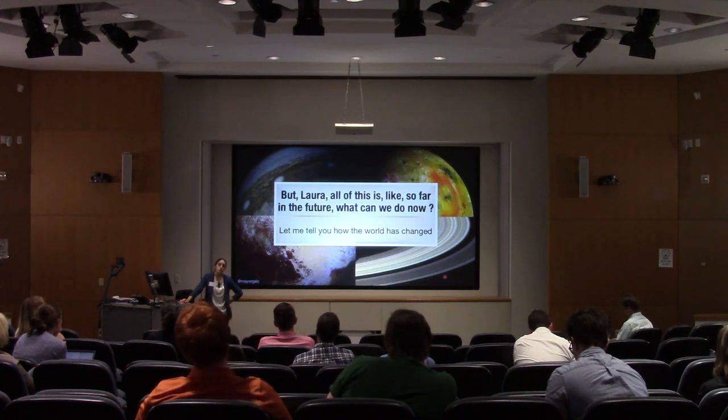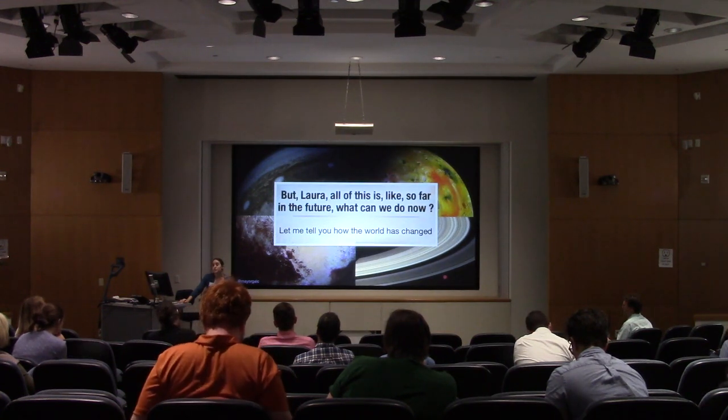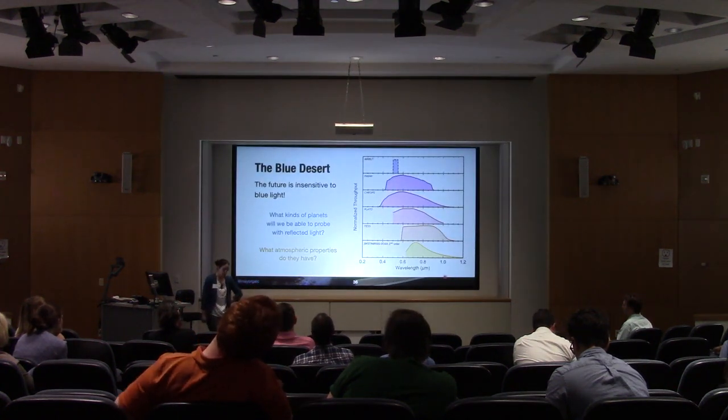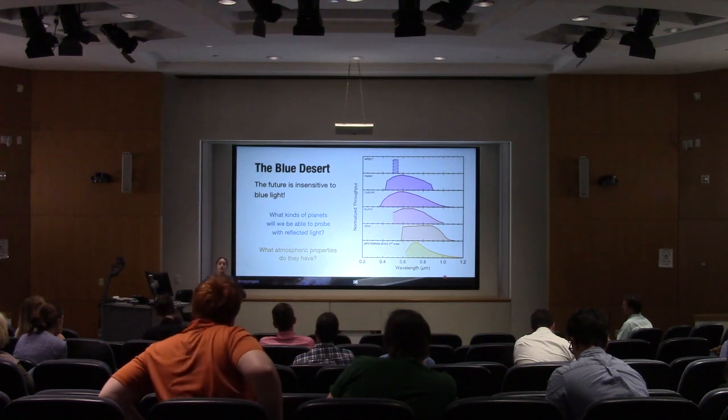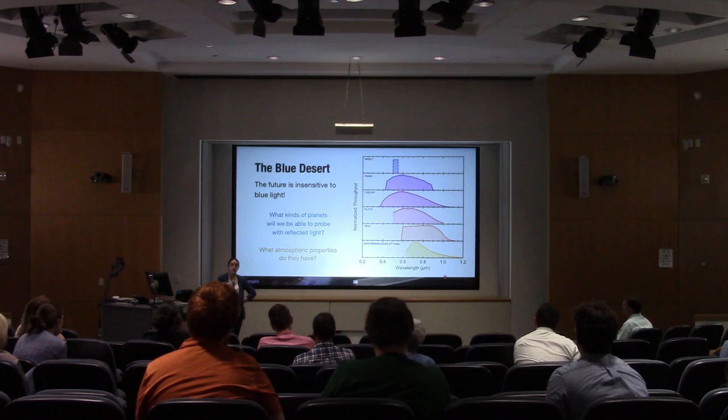Because what's the interesting thing about reflected light observations is that not everything is capable of measuring reflected light. There's actually a danger that in the future we're becoming more and more insensitive to blue light. Typically, the phase curve studies that you've seen are done in thermal emission.